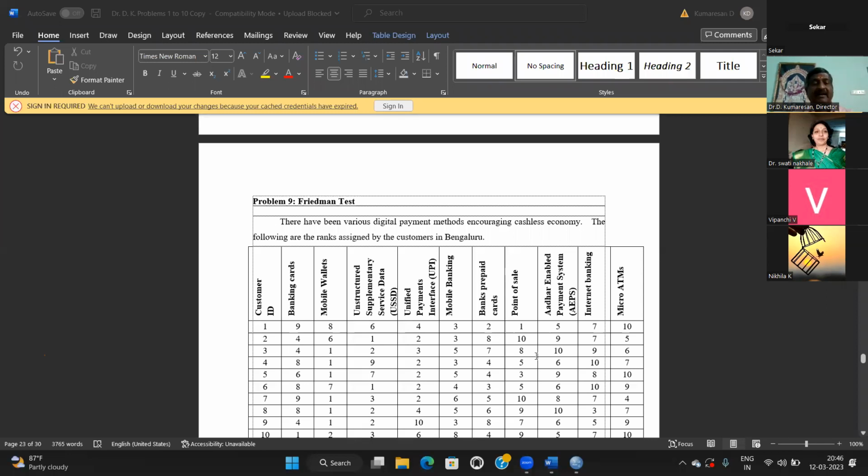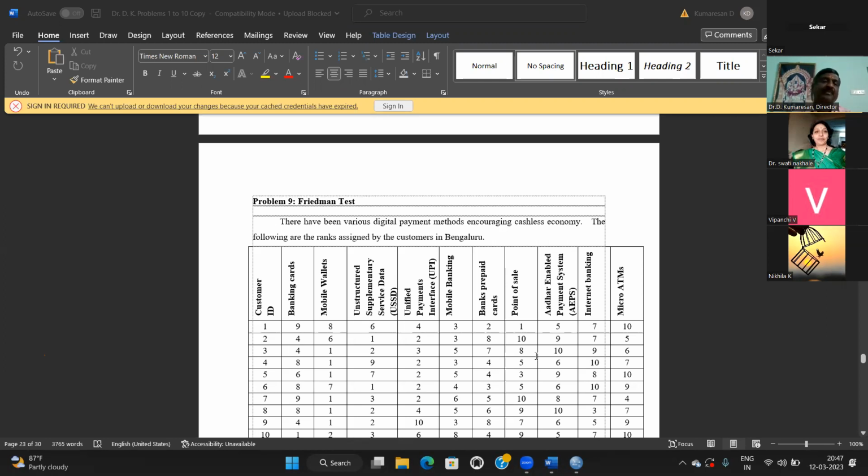The data is scale data in the case of paired samples T test. In the case of Wilcoxon test, the data is ordinal. That's all. So it is called two related samples. Wilcoxon test is also called two related samples test or non-parametric equivalent to the paired samples T test.